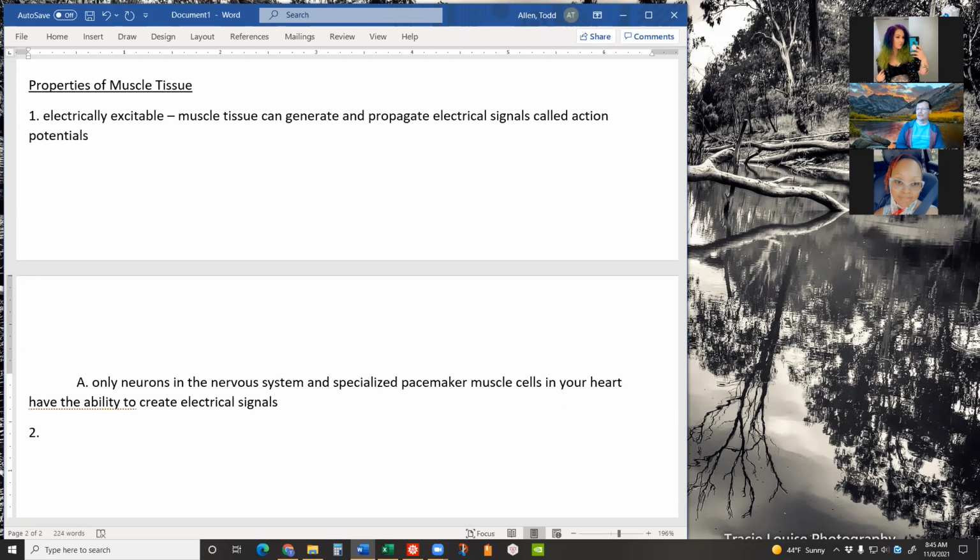So muscle tissue does have some interesting electrical properties. Second feature of muscle tissue, contractility. Muscle fibers have the ability to forcefully contract. That contraction usually is associated with shortening of the fiber. When you shorten the fiber, you're going to tug on something like a bone and move that bone, that limb, whatever it is that the muscle is tugging on.